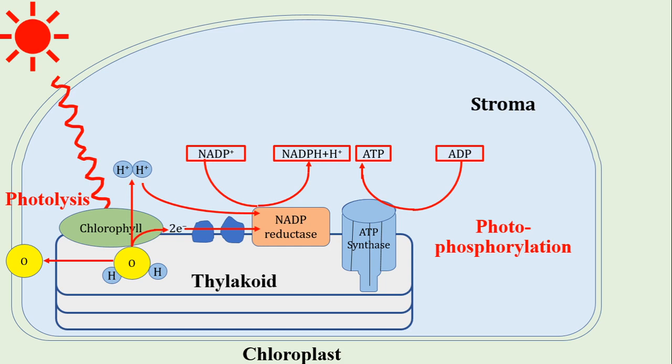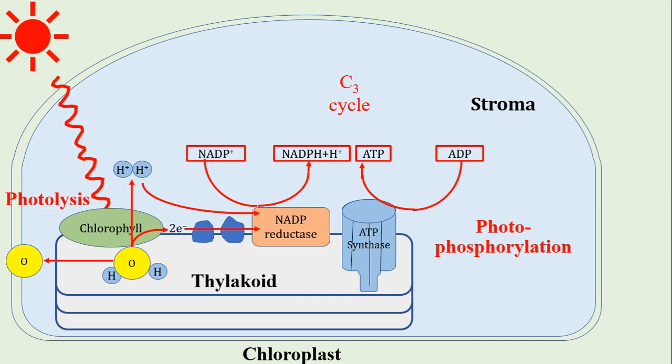And after the completion of the light dependent phase, this produced ATP and NADPH then helps to perform the chemical reaction of the light independent phase, that is called the C3 cycle. The light independent phase is performed by the C3 cycle in most of the plants, but some of the plants don't follow the C3 cycle during the light independent phase.